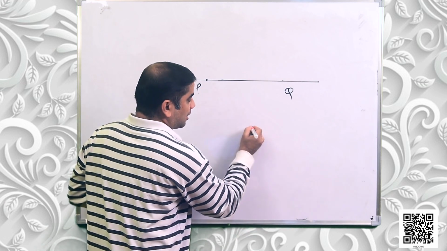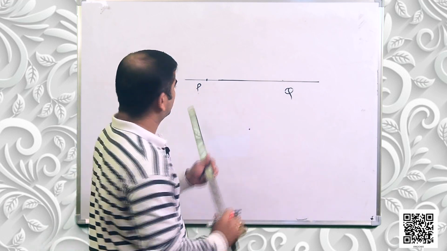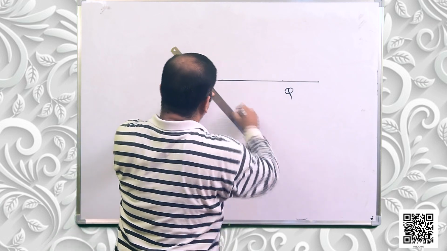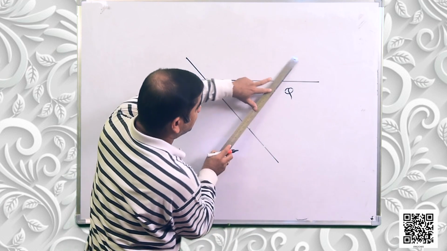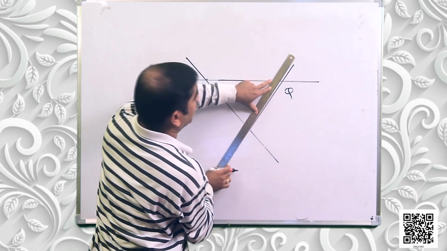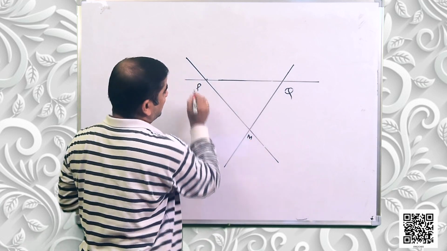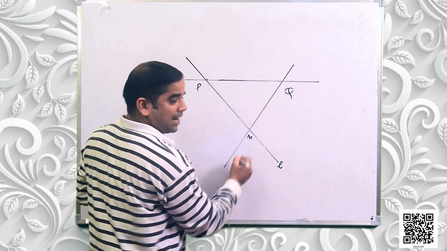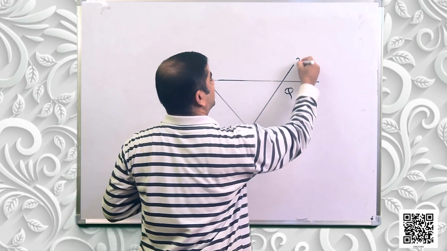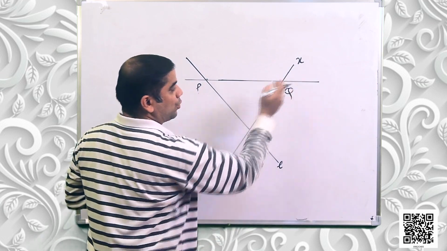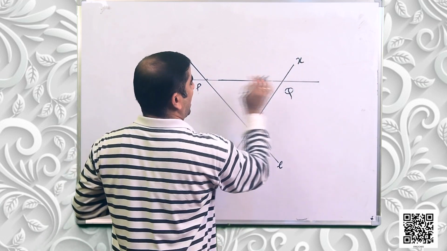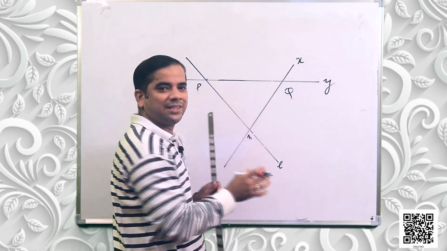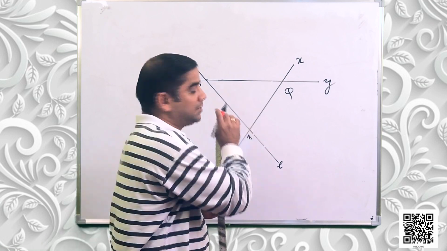Suppose I have a point over here, so I can say that these 2 points lie on another line. Same way, these 2 points lie on another line. Suppose this is M, so I can say that P and M lie on line L. Q and M lie on another line X, and P and Q lie on another line Y. So 2 points lie on a single line.